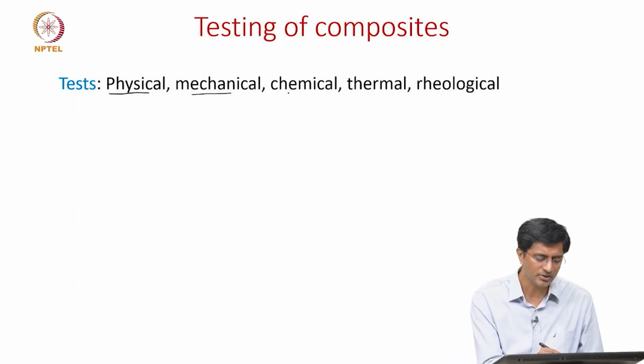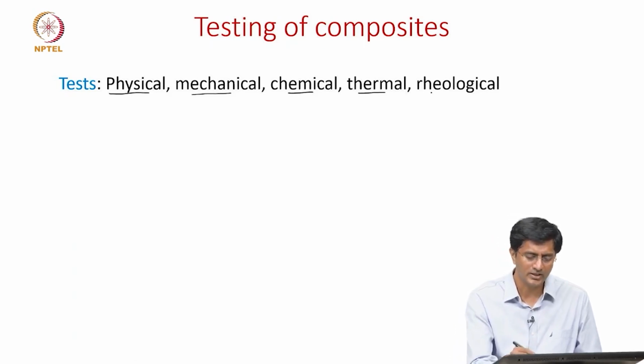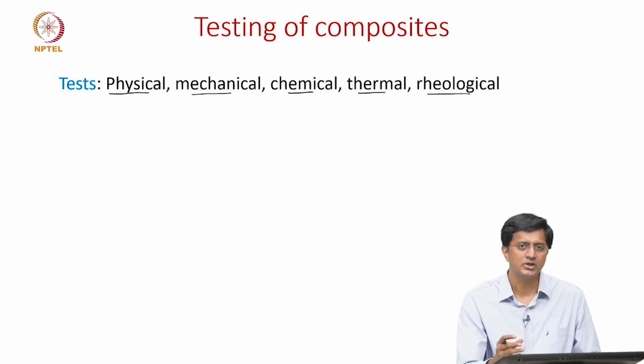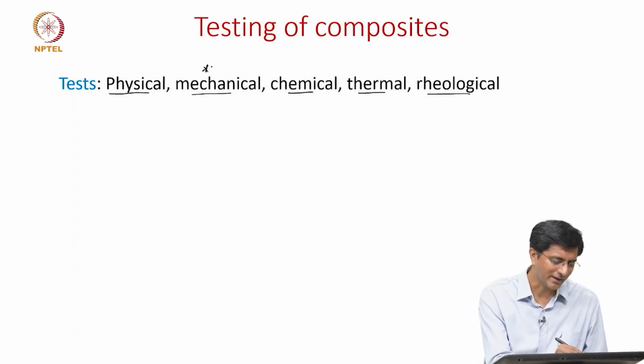We may also be interested in chemical and thermal properties, such as the glass transition temperature or melting point temperatures, as well as the water absorption capacity of these composites, or how they are influenced by different chemicals available in the operation environments. And lastly, the rheological properties, which are important because most often the matrix materials are made up of polymers, where again we need to know the viscoelastic behavior using a few rheological tests. But in this video, we'll focus more on the mechanical properties.